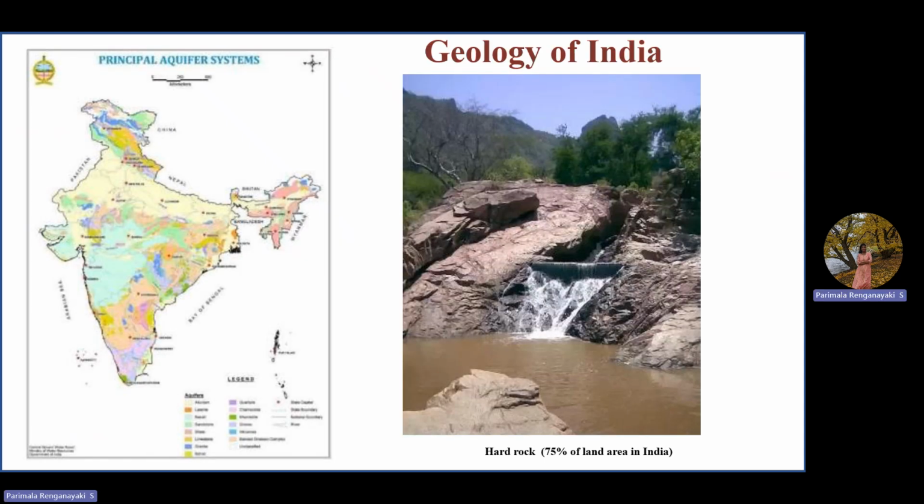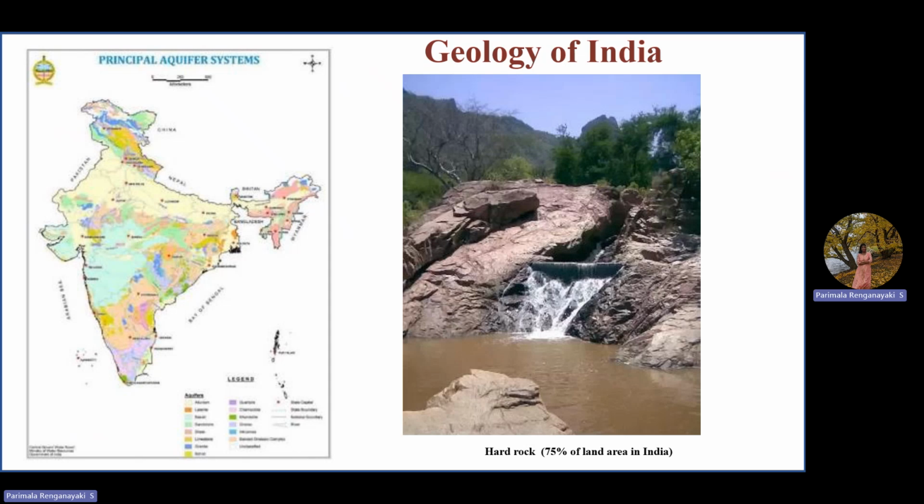When we first see the geology of India, we have seen the global water resources. Groundwater is the most available fresh water for us. But for that, the aquifer should be capable of storing more water. But if we see the geology of India, 70 percent of the land area in India is hard rock.